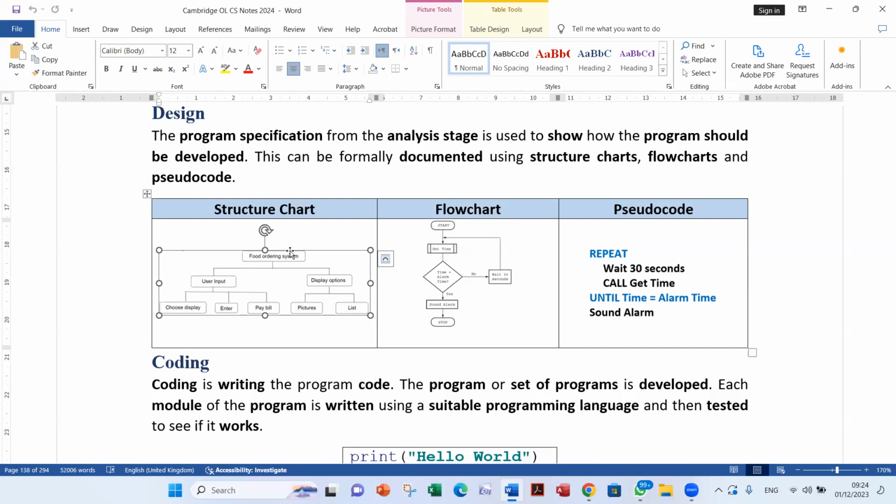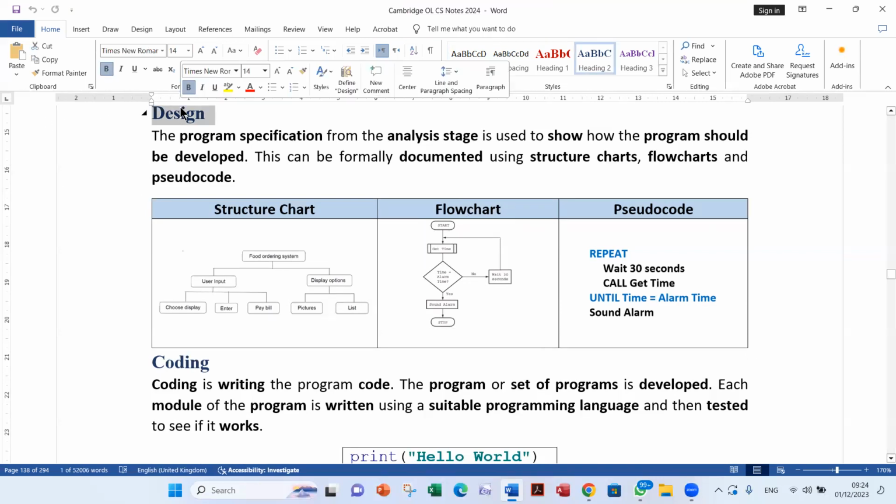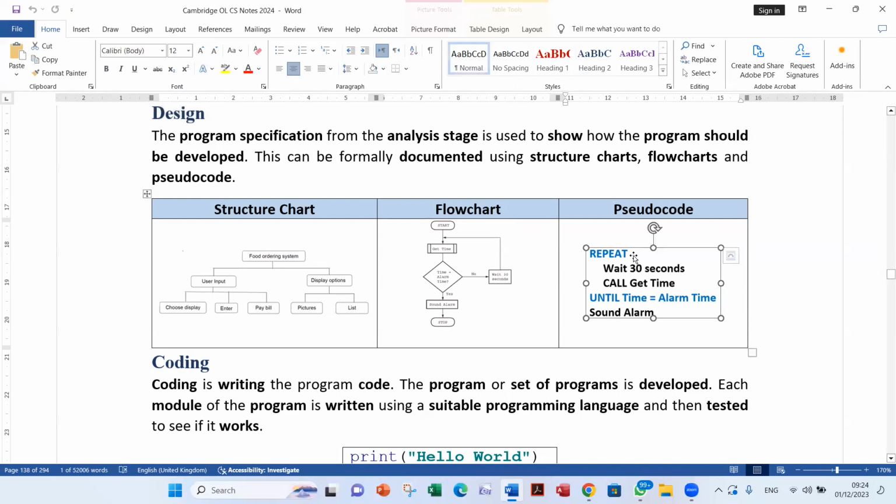Then you may need to draw or solve flowcharts. This is a diagrammatic representation of the design of the program. Chapter 7 is full of flowcharts. You have to solve them, and later on you will need to draw them. And pseudocode is false coding.